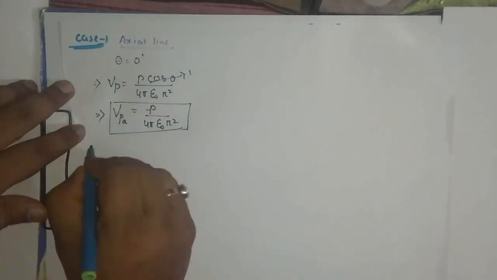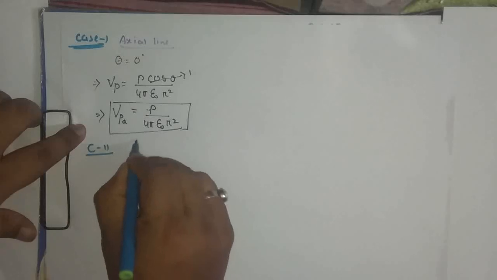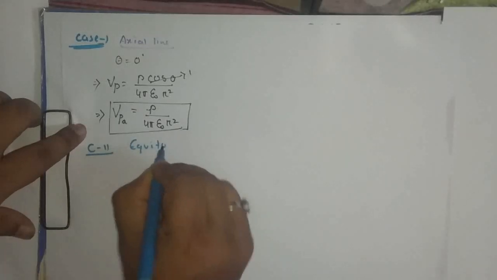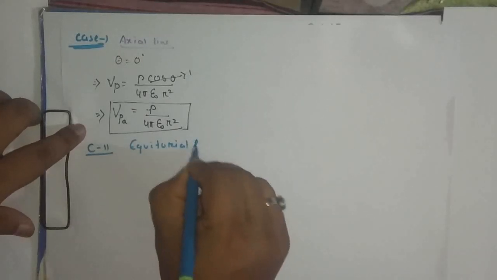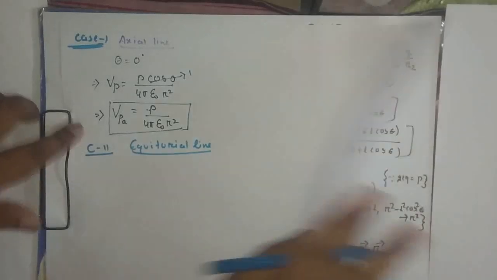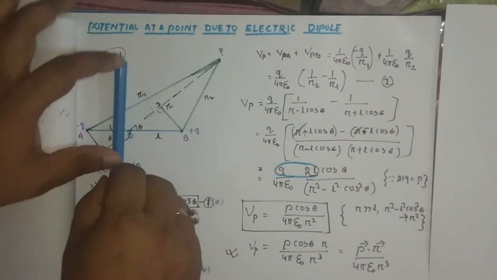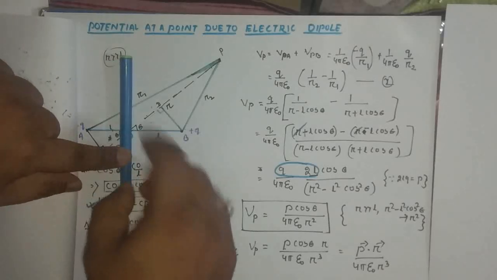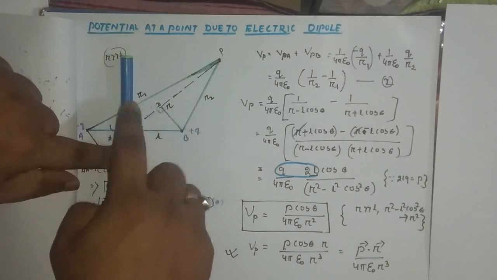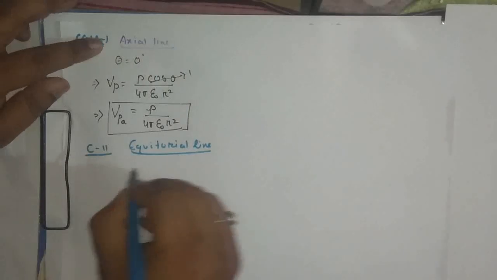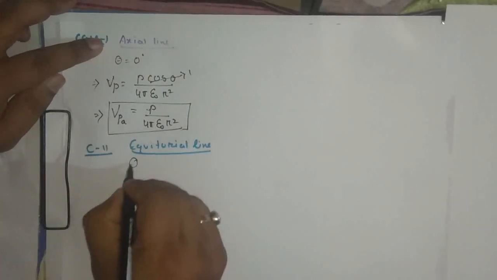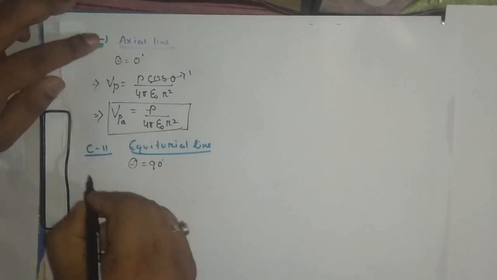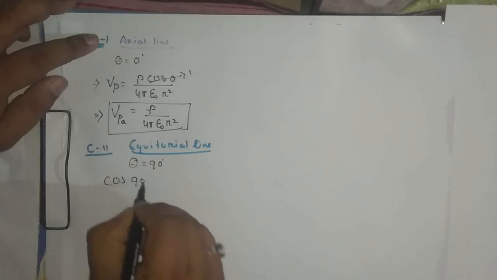If I go for case 2, equatorial line, when point lies on equatorial line. What is the equatorial line? This case when we have like equatorial axis. That means at that case theta is 90. That means I will write for this special cases theta is 90. That means cos 90 is 0.